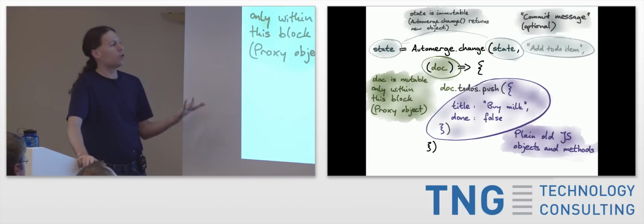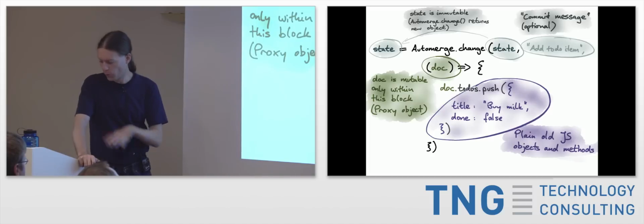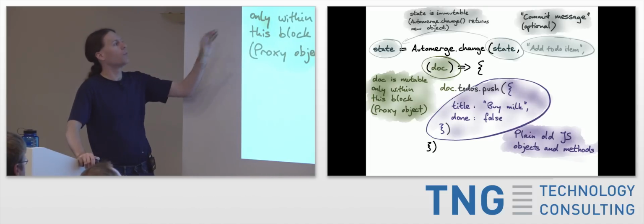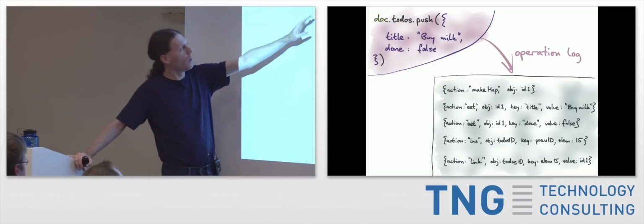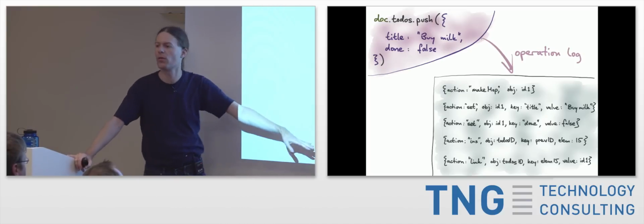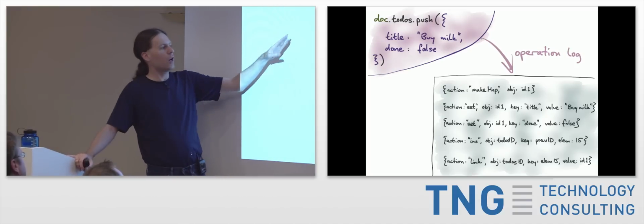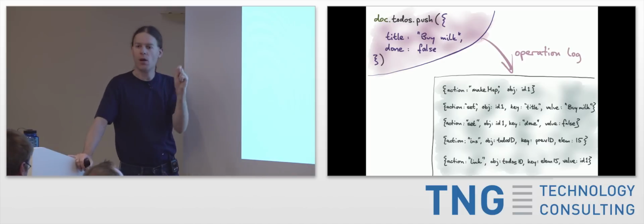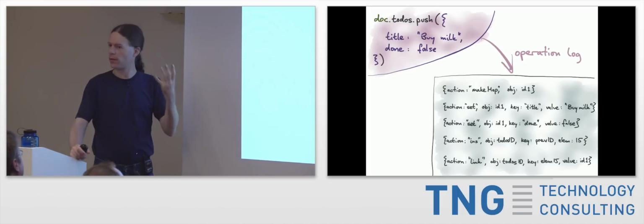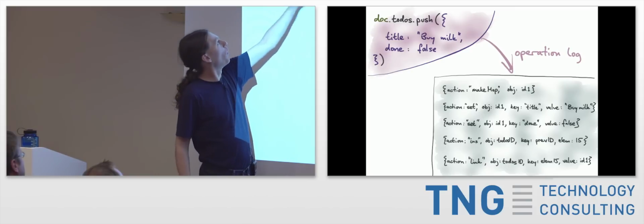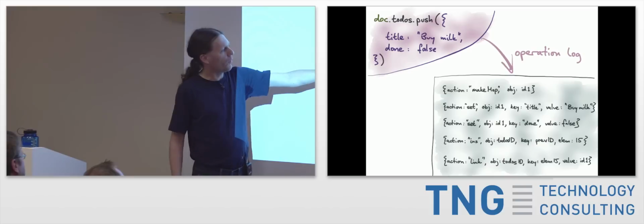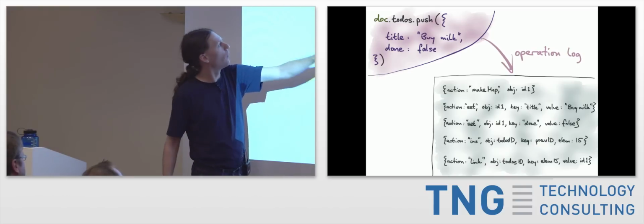So it's a fairly intuitive programming model. And what Automerge does under the hood when you do this is, when you call one of these functions, Automerge turns this into a log of operations. And these operations describe exactly in little steps what every single data change is that happened in the process here. So the data changes are that we create a new map object, so the curly braces. We set the title field to the value buy milk.